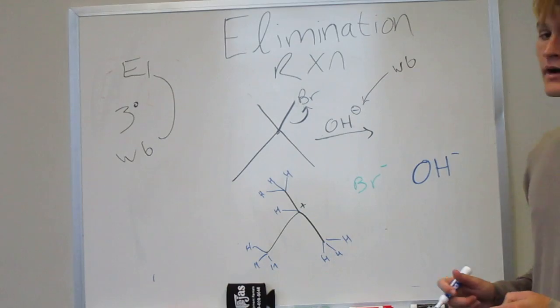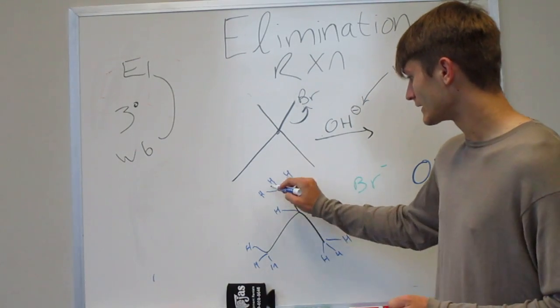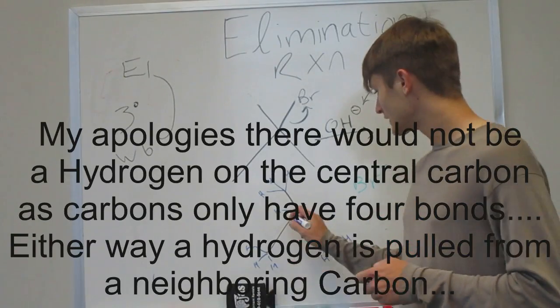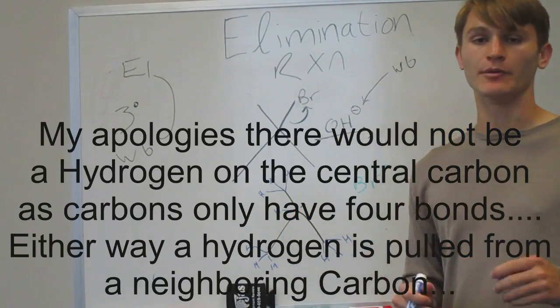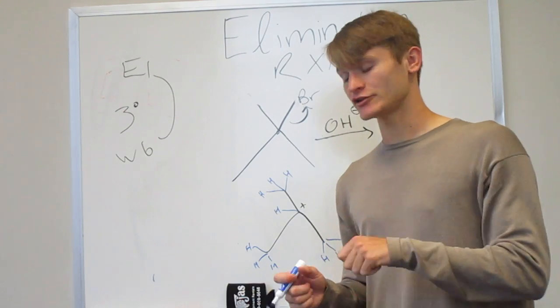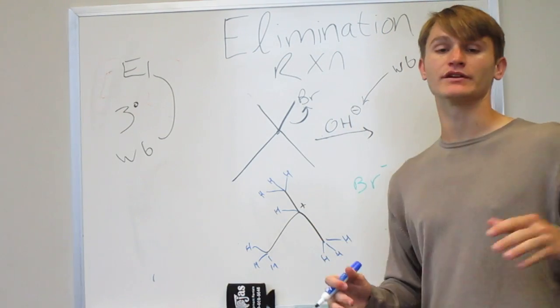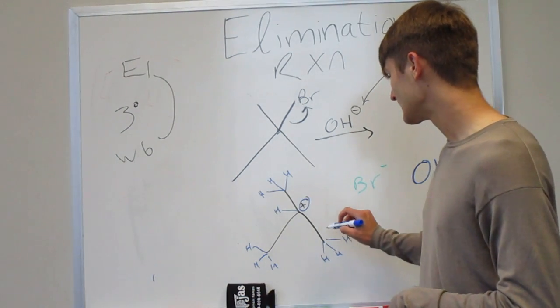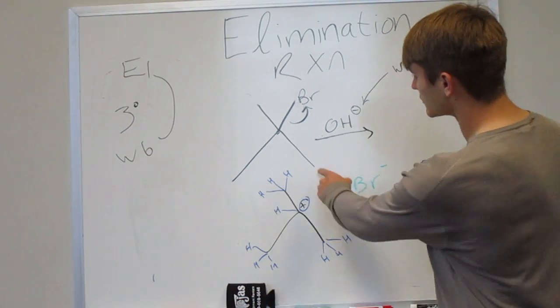Well, we can pull from any of these hydrogens really. The only hydrogen we cannot pull from is the carbon the charge is on. Remember, in elimination, you're pulling from a neighboring carbon's hydrogen. That's very important. You're pulling from a neighboring carbon's hydrogen, not to fix the carbocation. So let's just say this bottom one, we're going to use this carbon here.